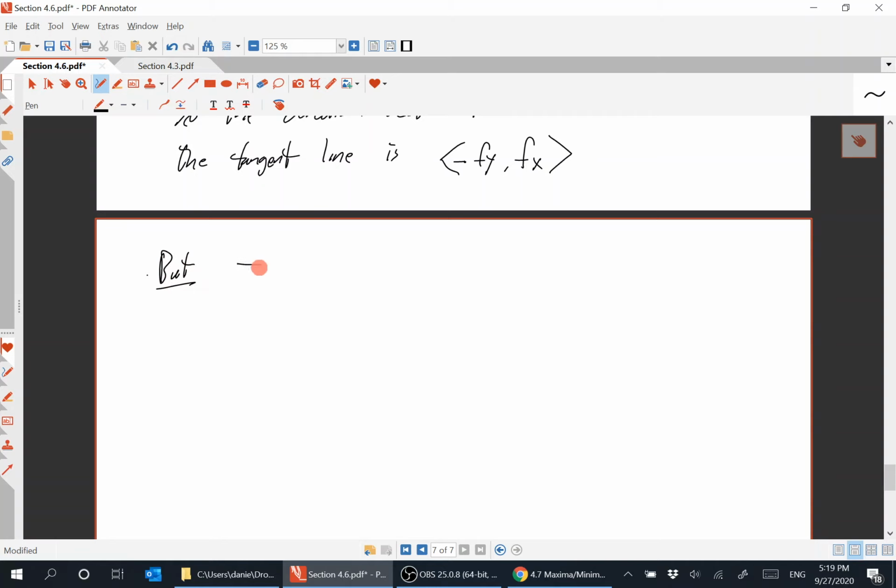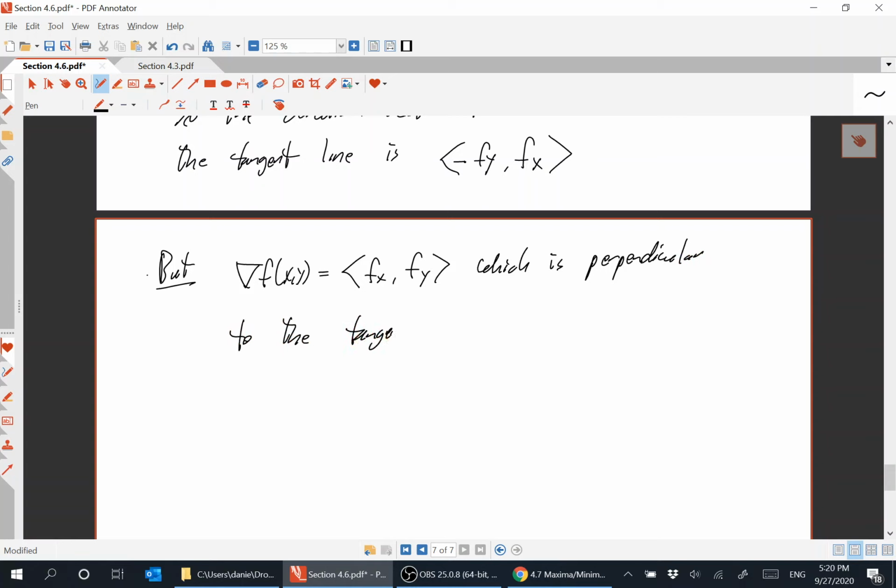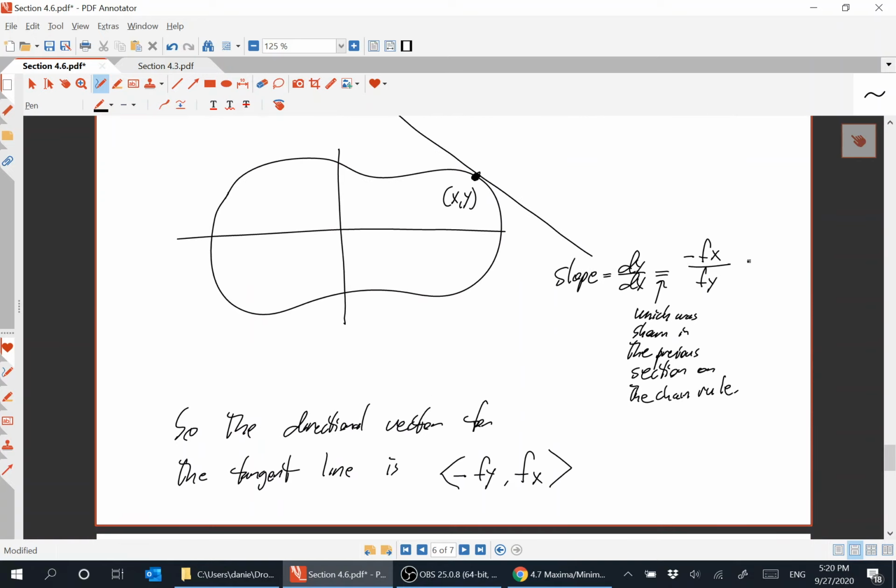But the gradient of f(x,y) is equal to the partial derivative of f with respect to x, partial derivative of f with respect to y, which is perpendicular to the tangent line with slope vector minus f_y, f_x. So here's the picture.